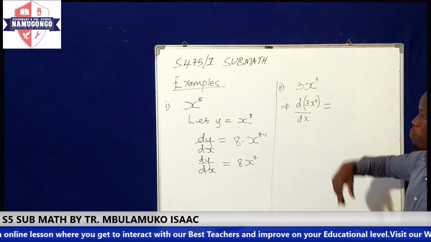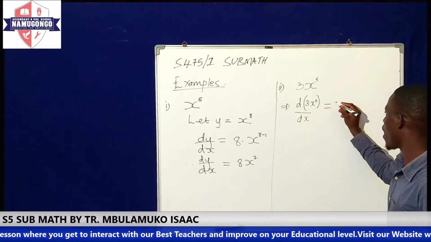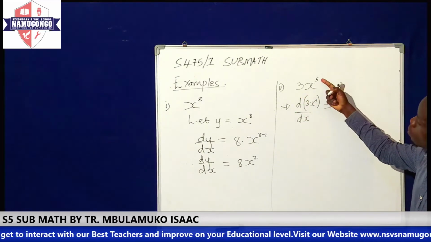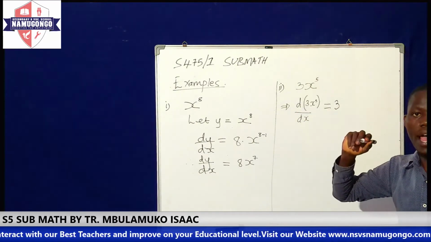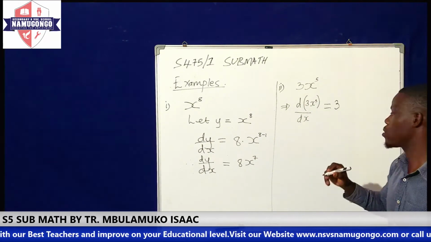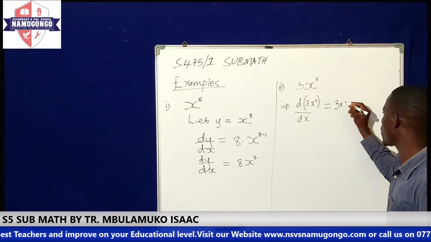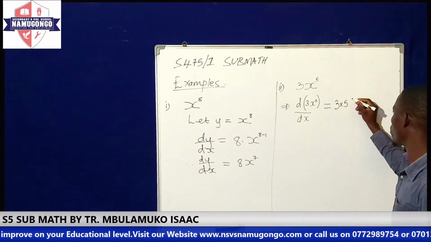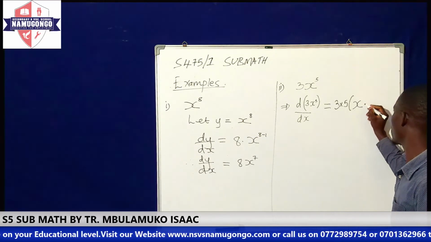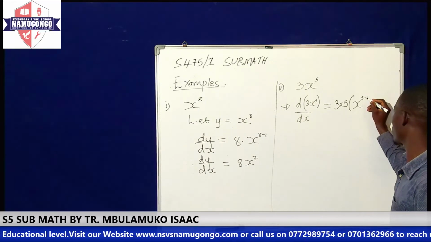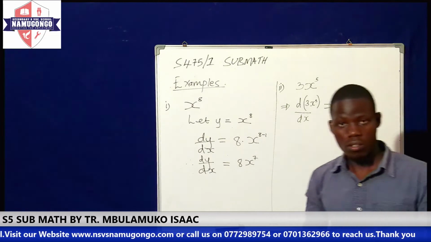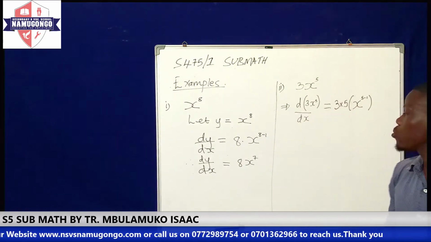I repeat the same process. We have 3 as a constant here, but remember we said we multiply by the power first. So we shall multiply 3 with 5 and then multiply it as well with x to the power 5 minus 1. Brackets are better sometimes, so as not to confuse yourself, so learn how to use them.